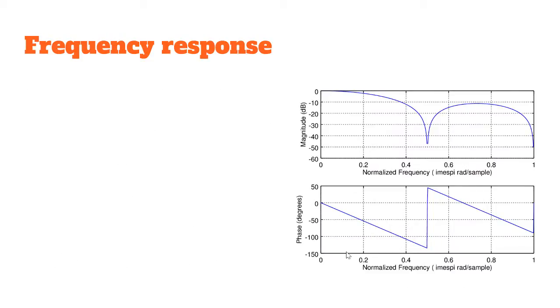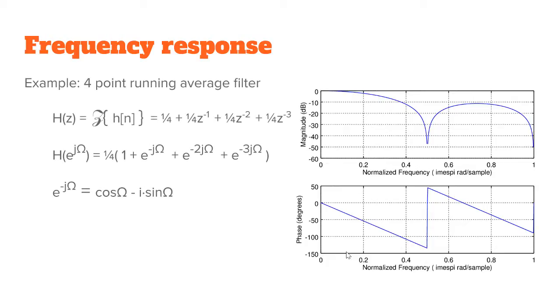Okay, wow. Frequency response of the 4-point running average filter, my favorite here. That's one of the things that you can also, of course, calculate. If you have a z-transform of an impulse response, which earlier was 1 over 4 plus 1 over 4 z to the minus 1 and so on, you just replace the z with e to j omega, you get this kind of formula, and then you can also use Euler's formula to cut it into sine and cosine and an imaginary number.